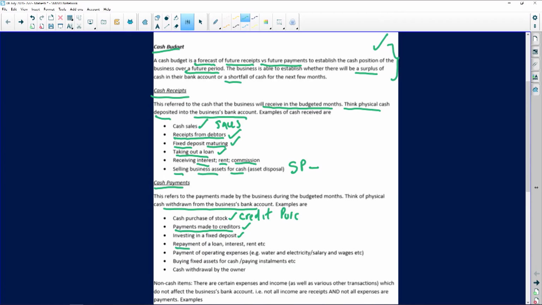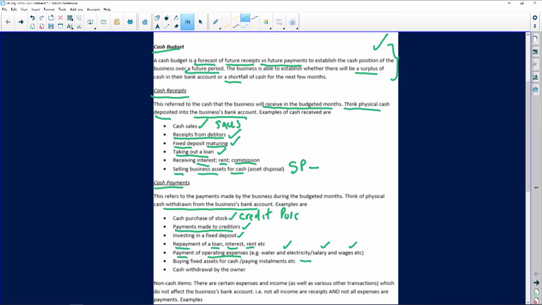Then when you make a payment towards your loan, towards interest, towards rent, etc., payment of operating expenses. So for example, when you pay water and electricity, salary, wages, telephone, and so on. When you buy fixed assets for cash, when you pay installments towards that fixed asset.